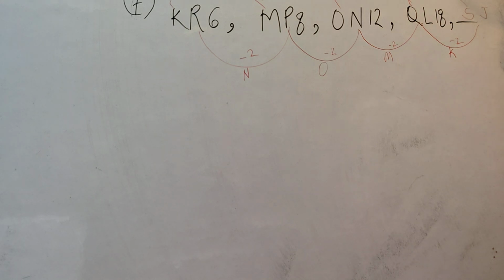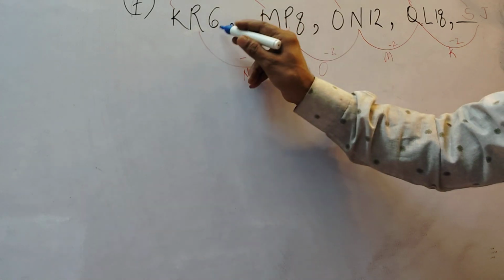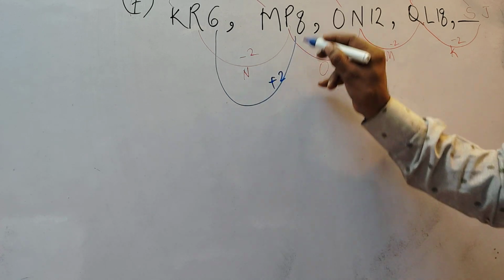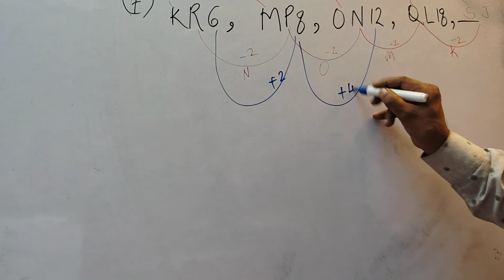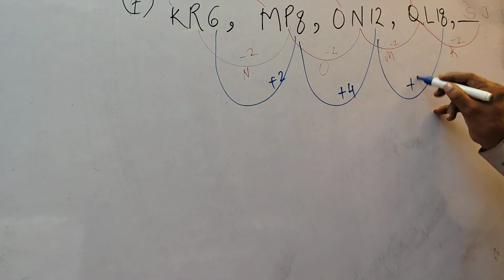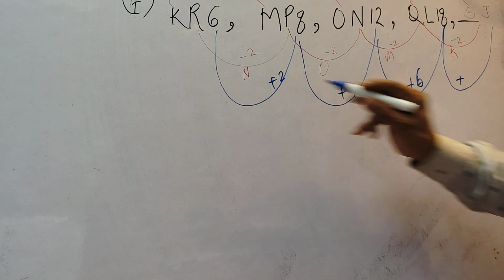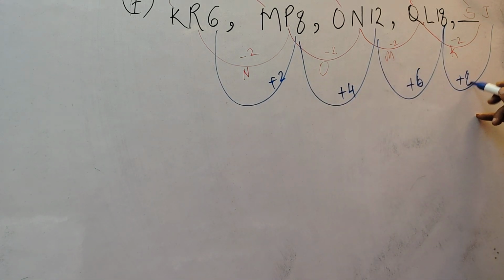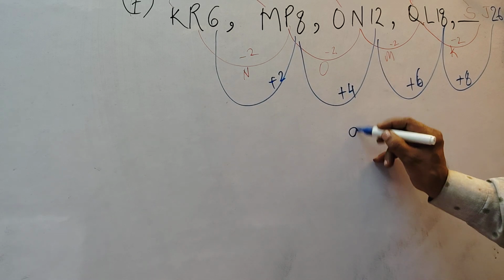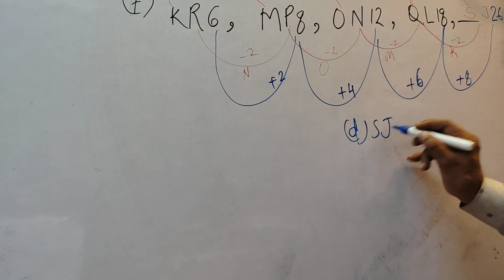Now come to the third, that is the number. In the number there is adding +2, then +4, then +6. Now this time added will be 8, so it becomes 26. SJ26. So in D option, SJ26 is given.